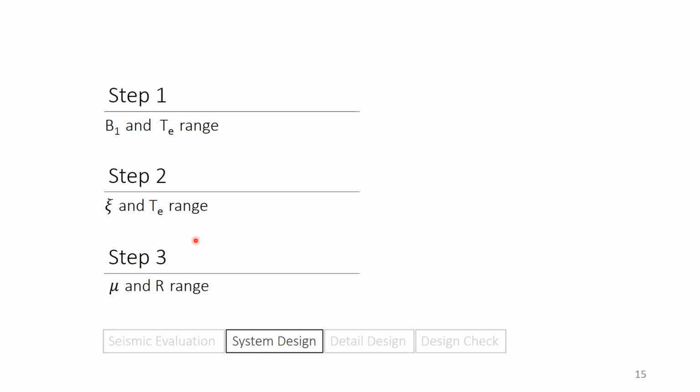And for the last step, from the damping ratio and TE range, the mu and R range is determined. So by choosing the parameters in the mu and R range, the system's parameters can be determined.